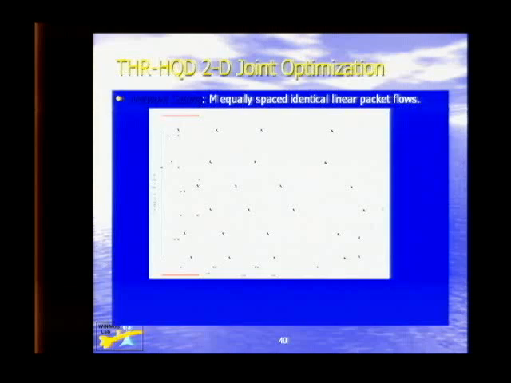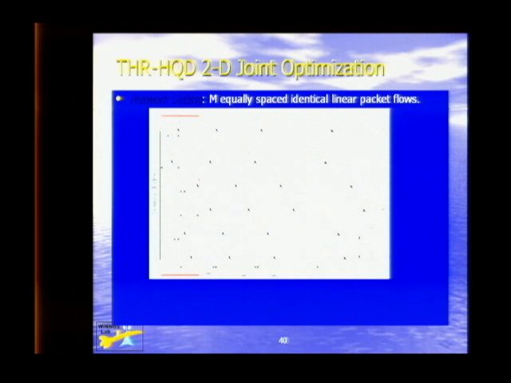So if you have a 2D system, then you have flows. At least in our model, we have flows that are in parallel, trying to move data from one edge of the network to the other edge of the network. And now we have to figure out, first of all, how much spacing in time in terms of injection of packets into the network there should be. These are the deltas over here. These are the offset values.